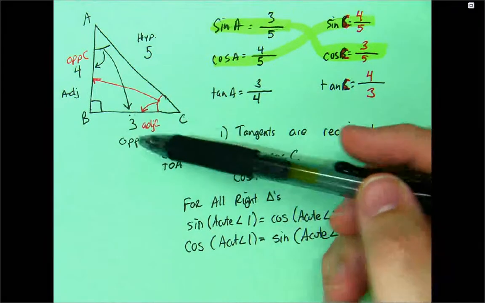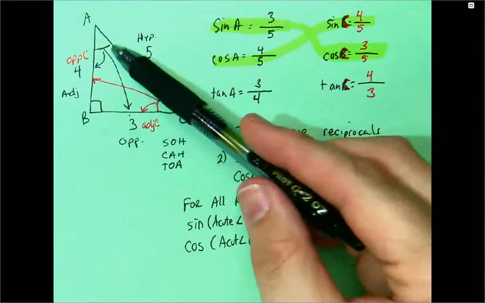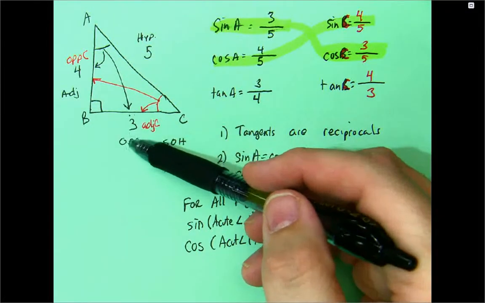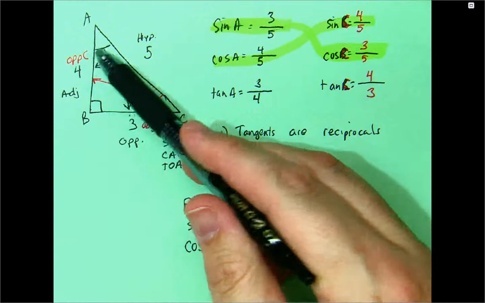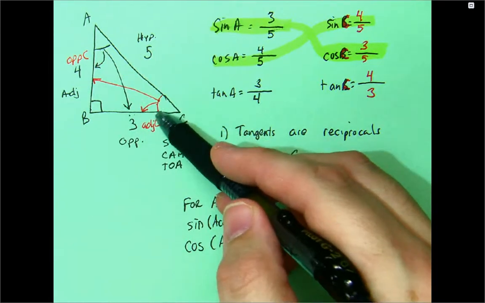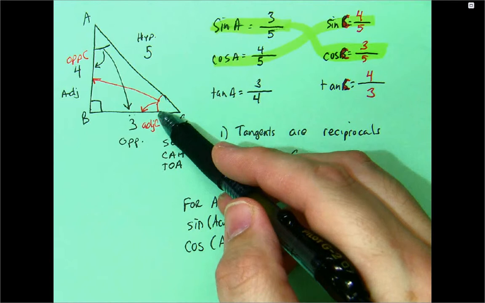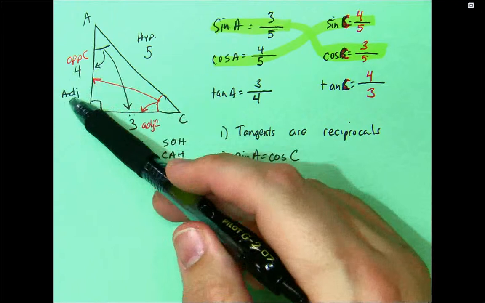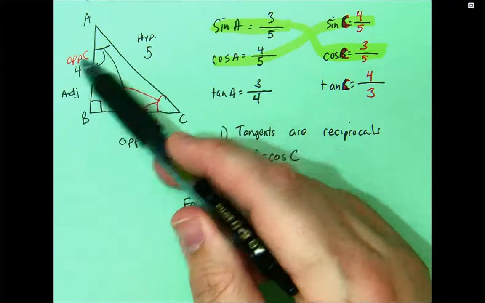Well, take a look at A. The 3 is the opposite side for A, but what is it for angle C, the other acute angle? It becomes the adjacent for that. Just like this side was the adjacent side for angle A, but it's the opposite side for angle C.